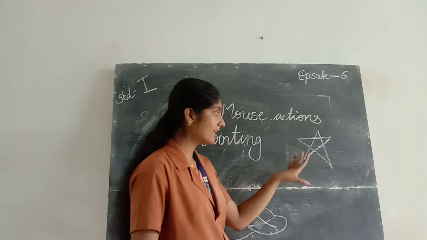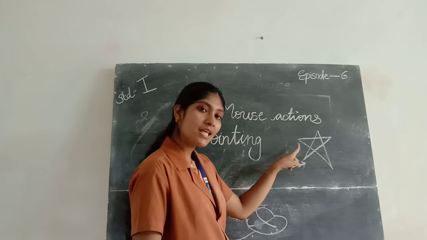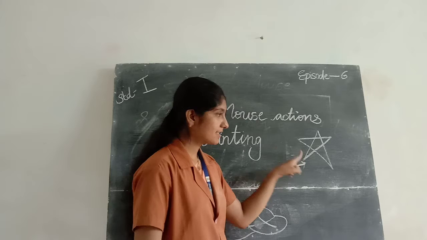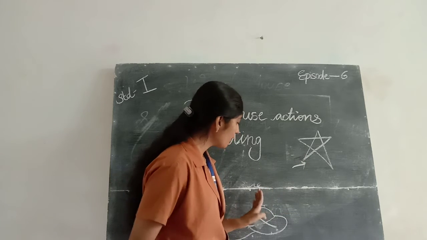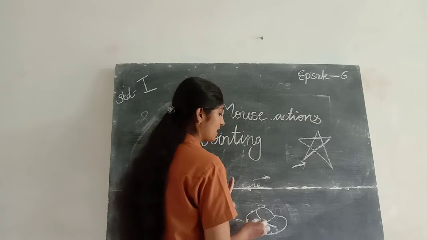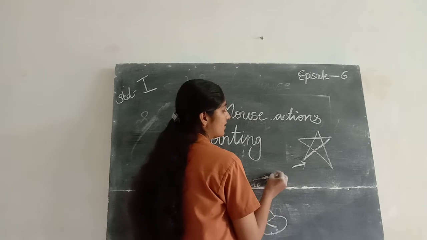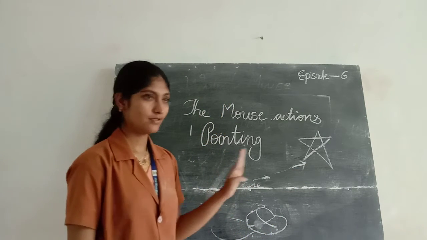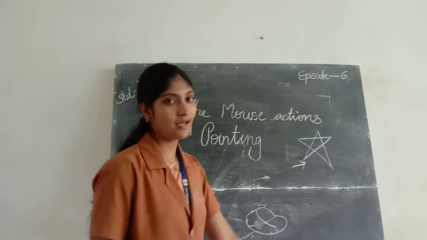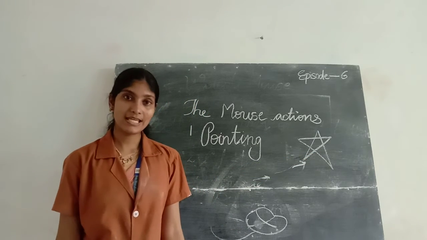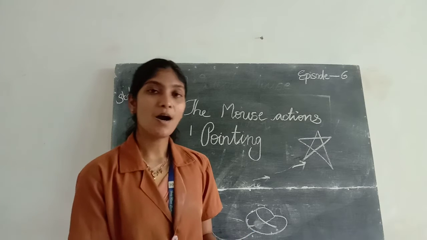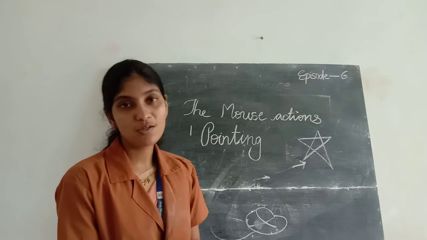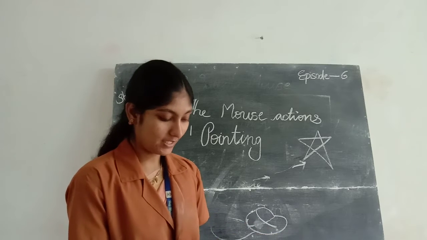For example, here I want to point the object star. So move. For example, here is the mouse pointer. Just move the mouse pointer to the correct position of star. Okay. So that means pointing is move the mouse and bring the mouse pointer where you want to point it. That is pointing.